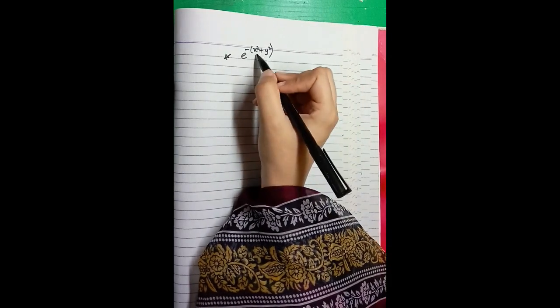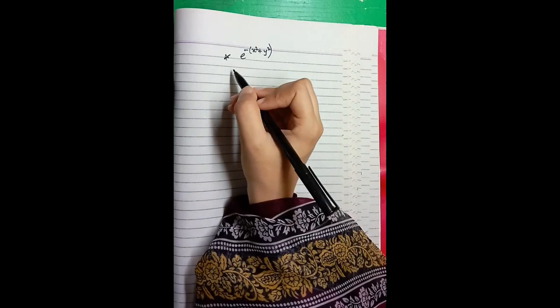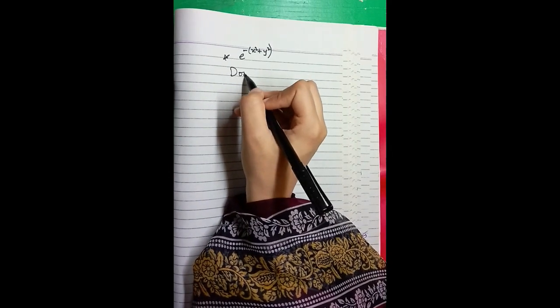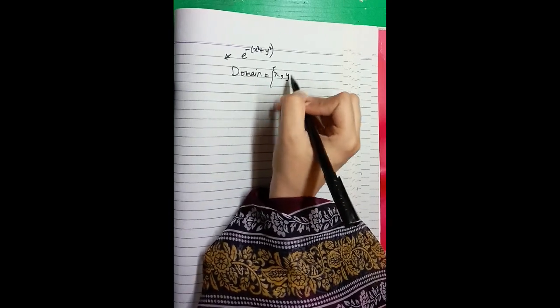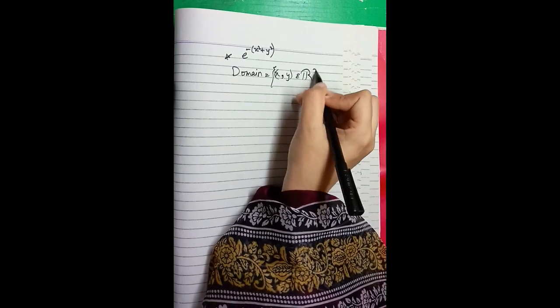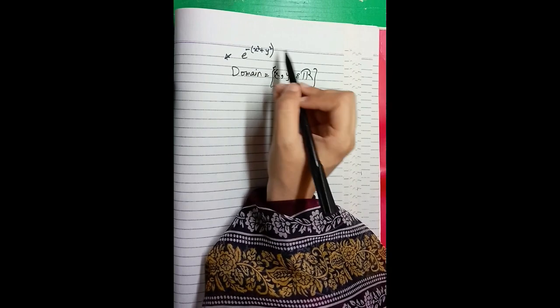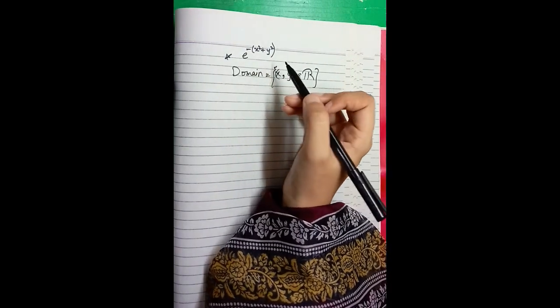For this, our domain is that x and y belong to real numbers. It can be any real number. We can put negative values, we can put 0, we can put positive values. This is how the exponential works.